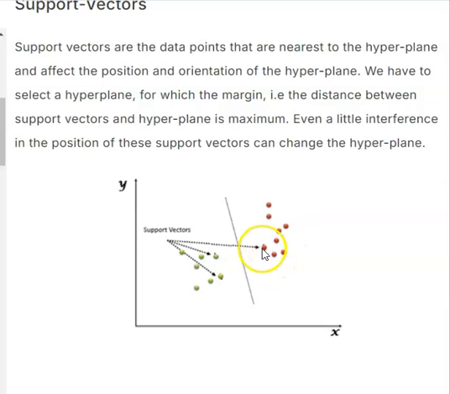Now you can see this red point is close to this line, this green point is close to this line, and likewise this is also looking close, right? The points which are closest to the hyperplane are called support vectors.